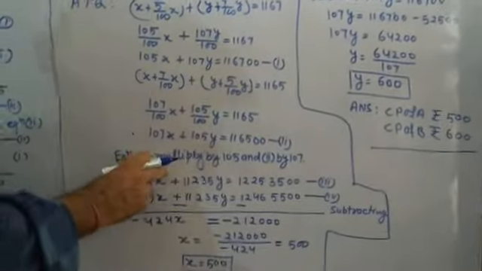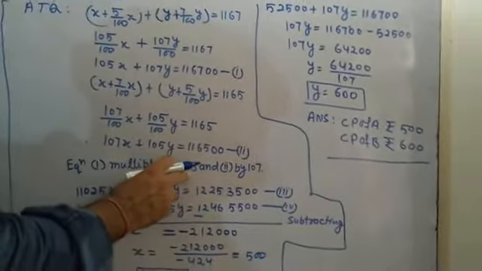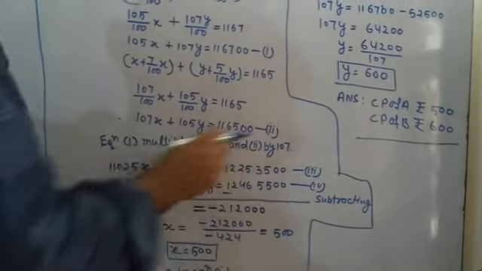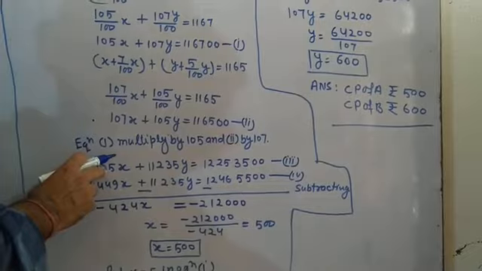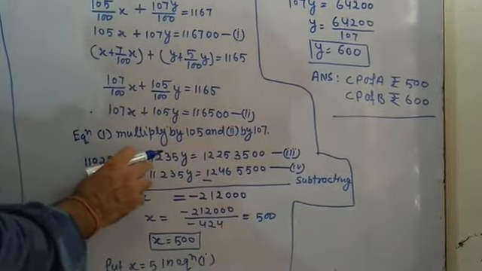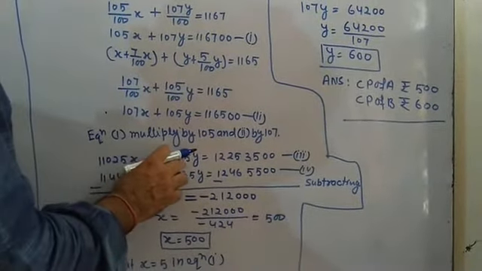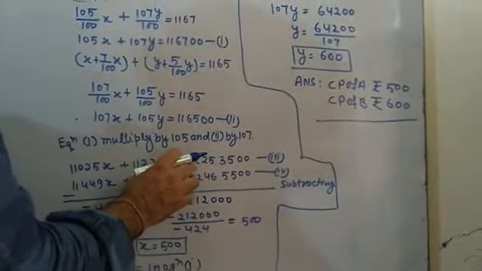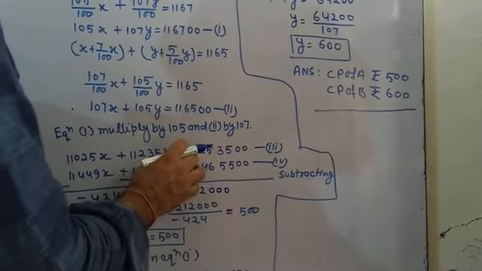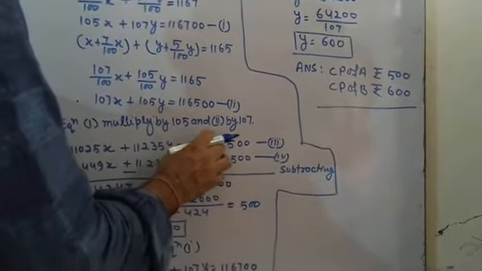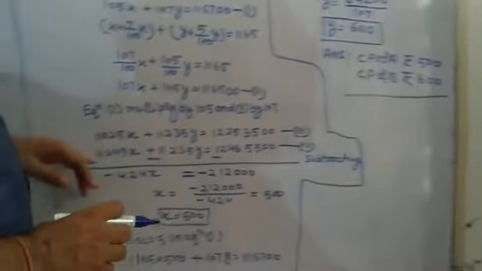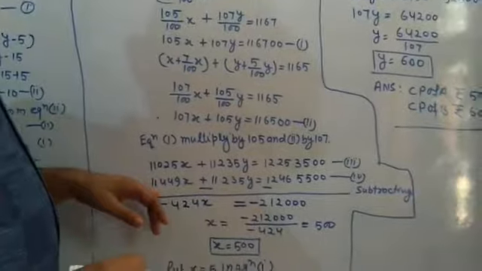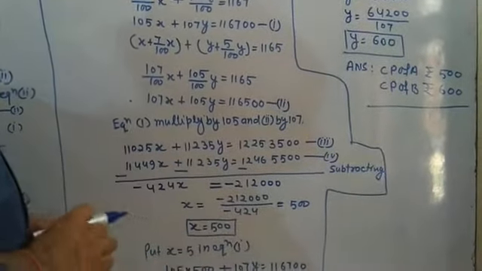Equation 1 multiplying by 105 and equation 2 by 107. 11,025x plus 11,235y equal to 12,25,350. This is the second equation.